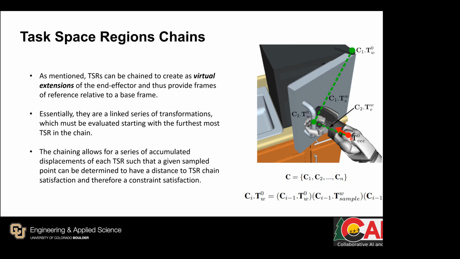It's a really neat way to define a relative orientation of an object that might be dynamic when you manipulate it, but all relative to just the robot's configuration. So again, this task-based region is a really descriptive way to represent orientation and positional constraints.